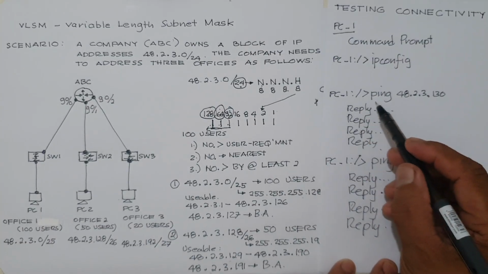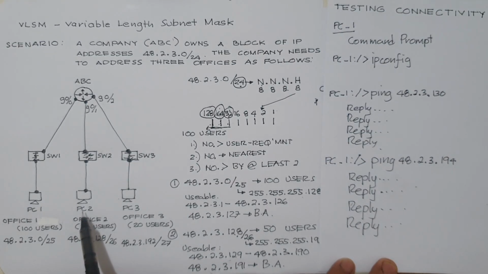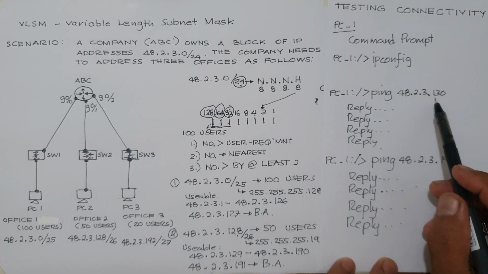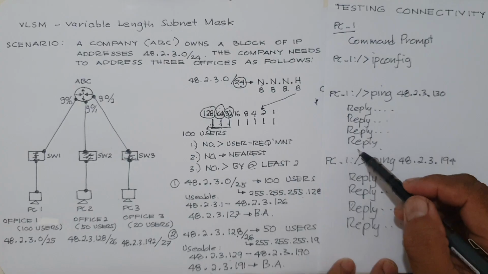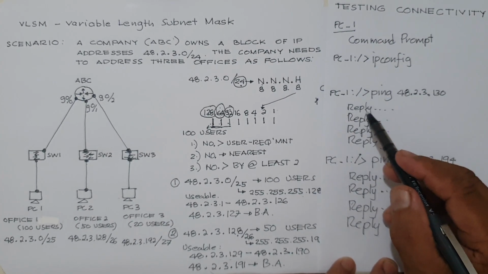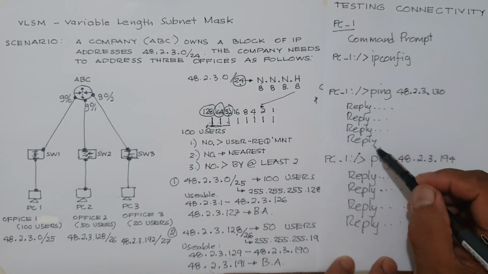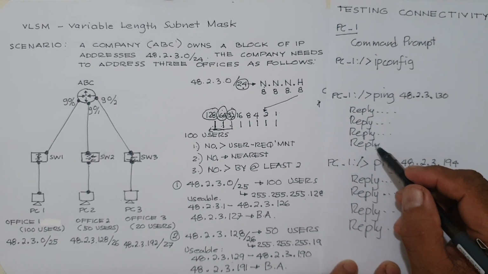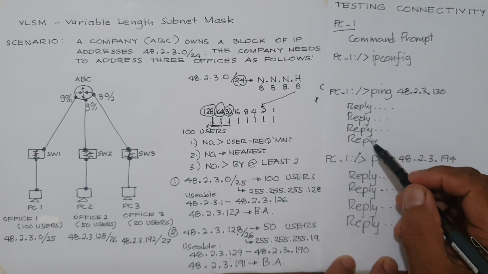So we now issue the command ping space and type the address of PC2, which is this. This is the address we configured with PC2, and PC2 must come out with 4 replies. If in the first issuance of this command, the first line says request timeout, and the second, third and fourth lines are replies, you just repeat this, and after that 4 replies will come out.